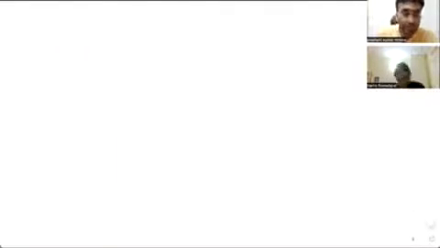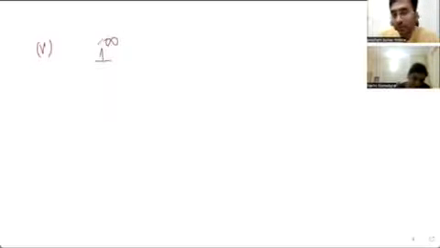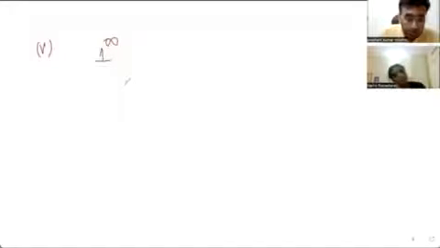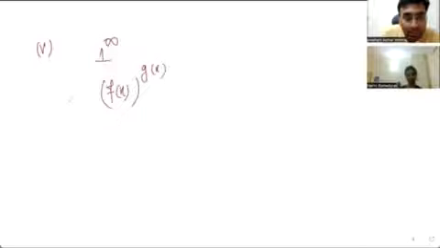Next one. Next you haven't learned. Okay. See, if it is like 1 raised to the power infinity form, so that basically means, let's say if it is written like a function f(x), and on the top it is g(x), two functions, f(x) raised to g(x), and then it is given limit x tends to a.